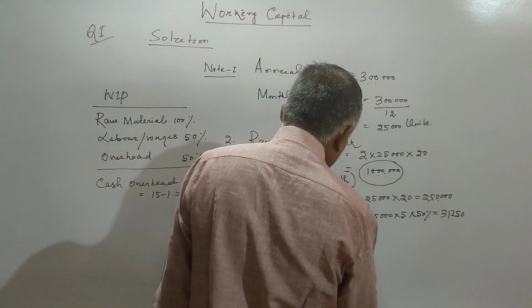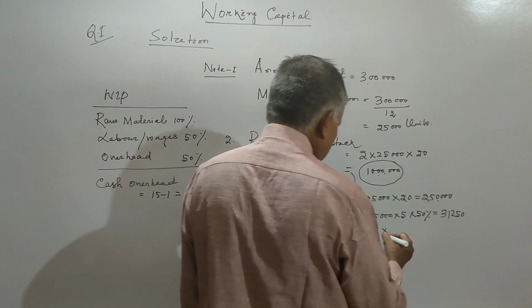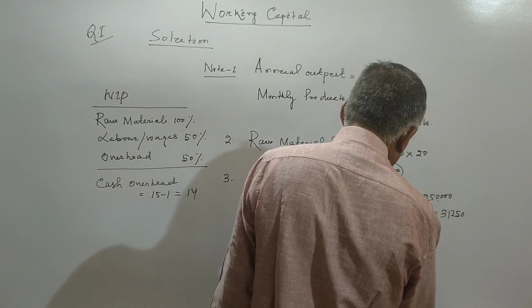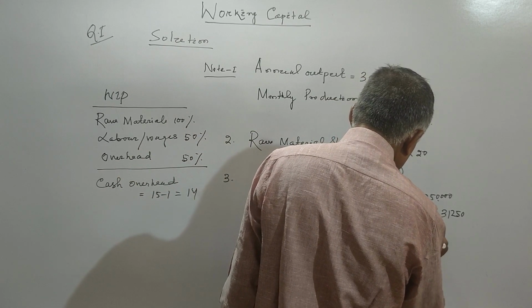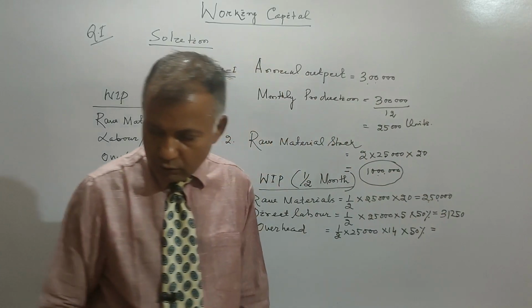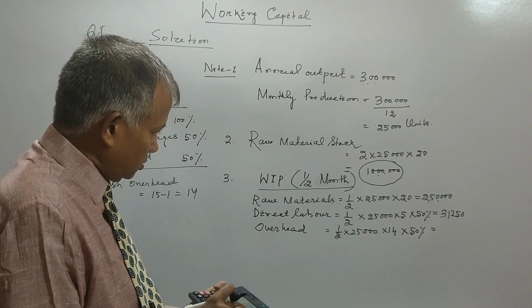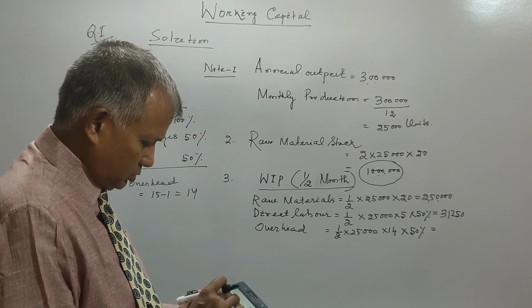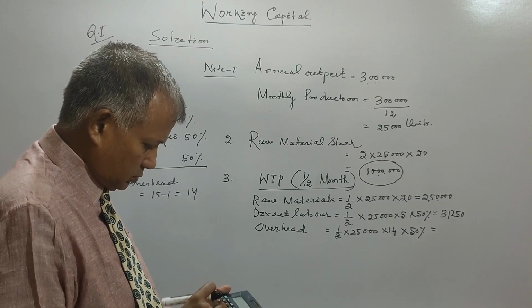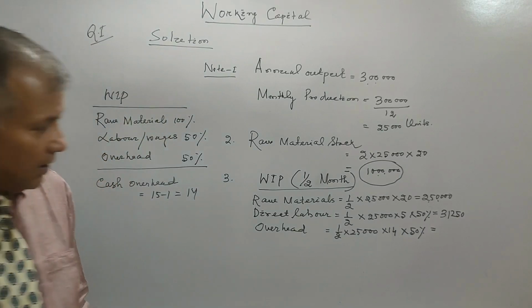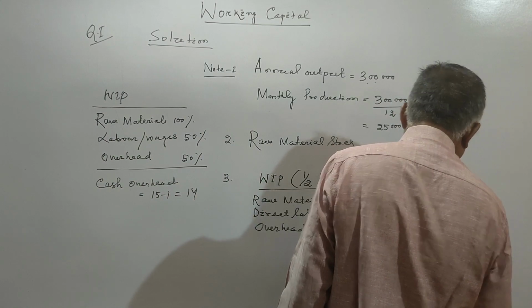So 1 by 2 into 25,000 into overhead of 14 rupees per unit into 50%. It comes to 87,500.